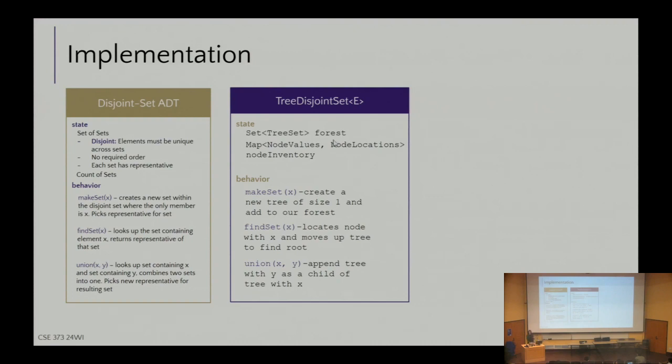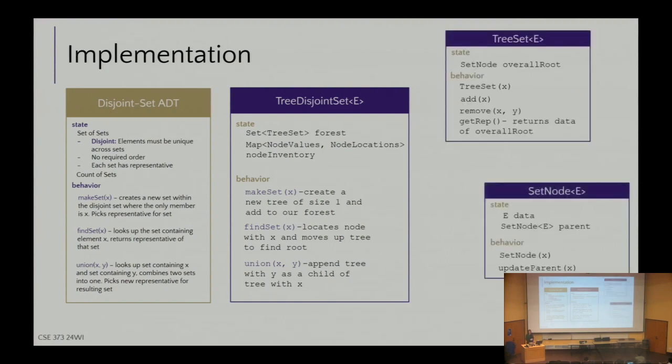But we have another field here that is a map that maps from the value stored in any given node to its actual location. I'm going to explain that in a little bit more detail. We need two other objects in order to make this happen. We need something called a tree set, and that is going to be a special type of tree where we have nodes that have references that connect them together.